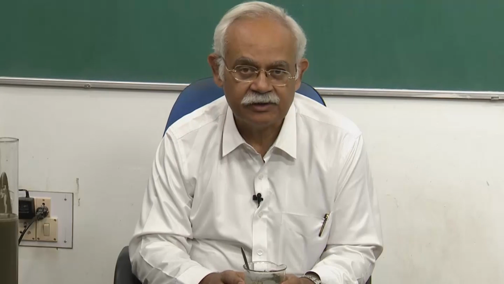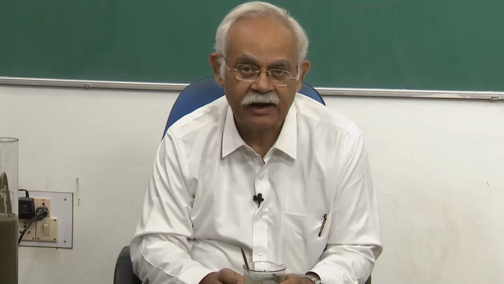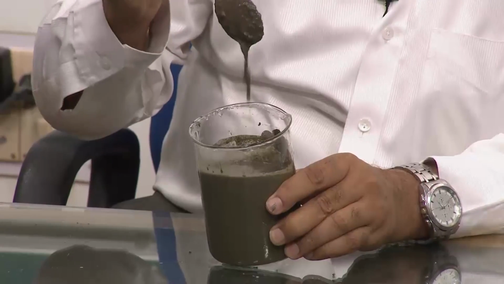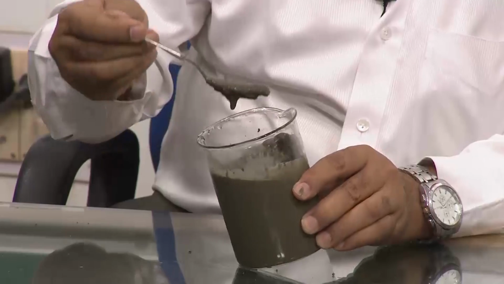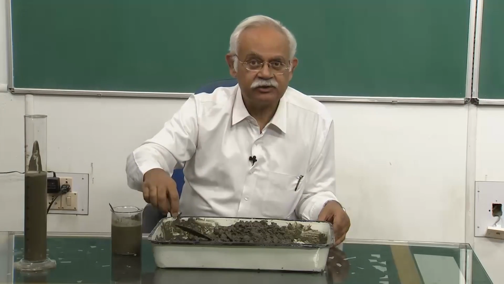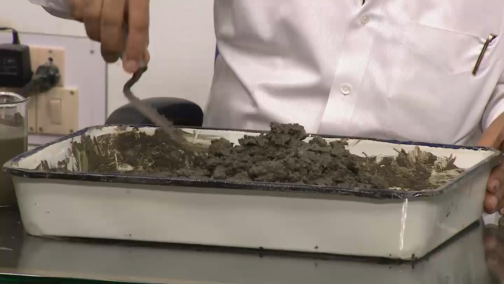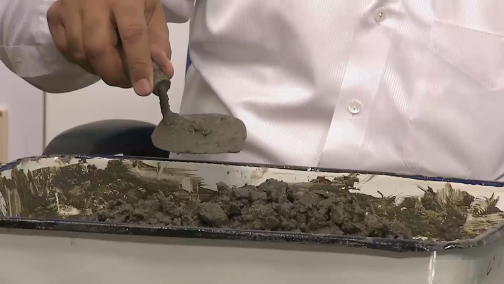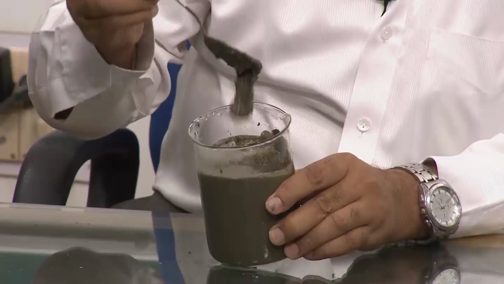Now, let us see what happens when we add the coarse aggregate to this mortar. So, now this is the concrete which is obtained by adding 3.9 kgs of coarse aggregate into this mortar.